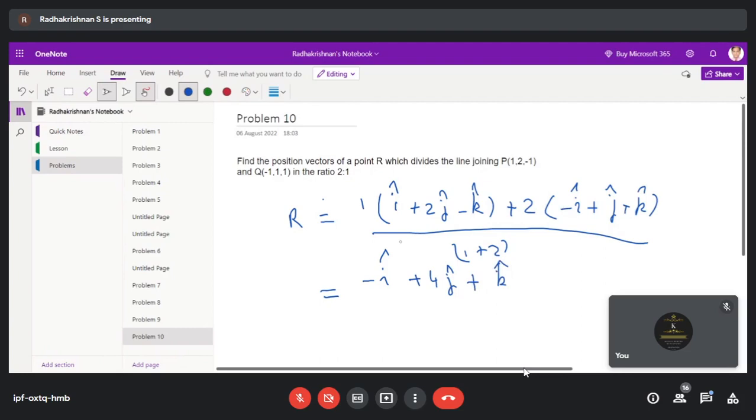Correct? Divided by 3, so that is minus 1 by 3 i cap, plus 4 by 3 j cap, plus 1 by 3 k cap. That's it.